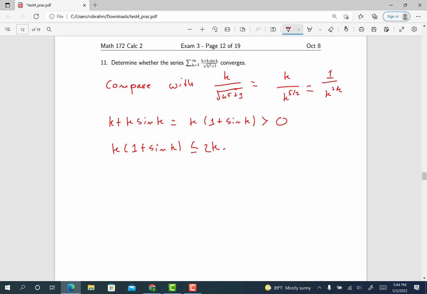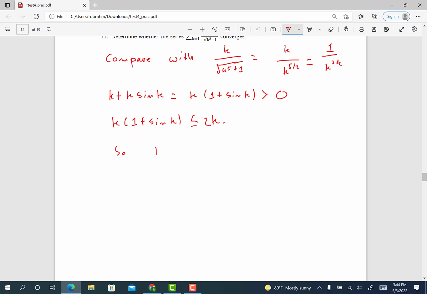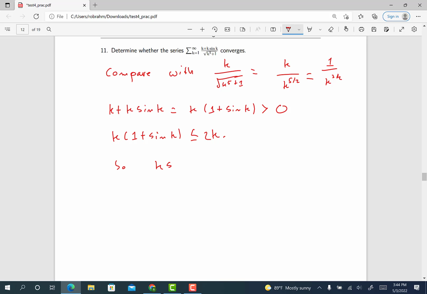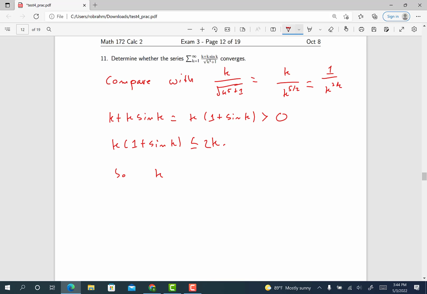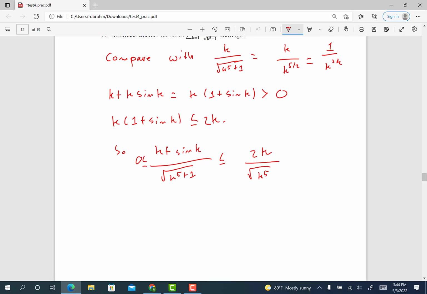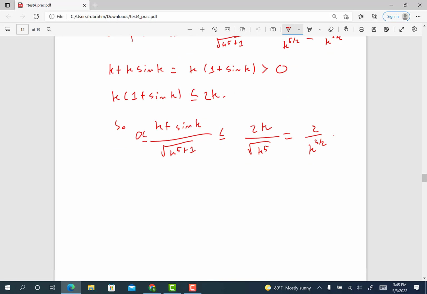Okay, so k plus k sine k over the square root of k to the power of 5 plus 1 is positive, and it's less than or equal to 2k over k to the power of 5 halves, because the square root of k to the power of 5 plus 1 is greater than the square root of k to the power of 5, and this is equal to 2 over k to the power of 3 halves.